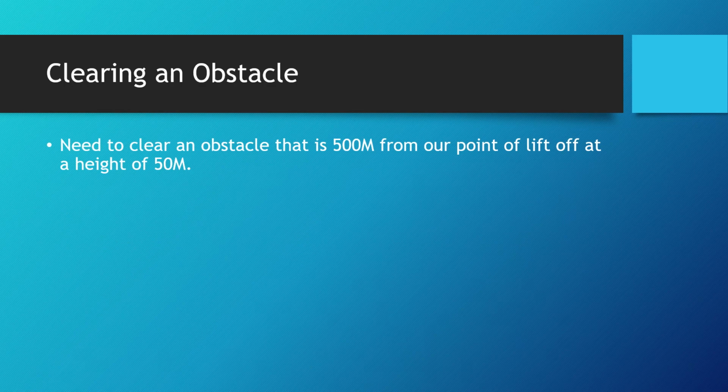All right, now the final problem here was clearing the obstacle. So the scenario that I came up with was that we need to clear an obstacle that's 500 meters from our point of liftoff, so 500 meters from the point of rotation, and it's at a height of 50 meters. So if you draw this out, you've got a nice triangle.